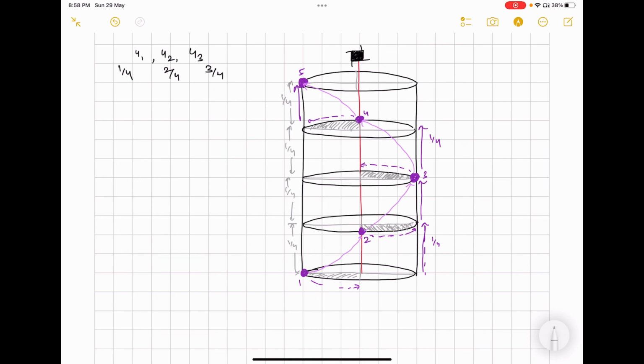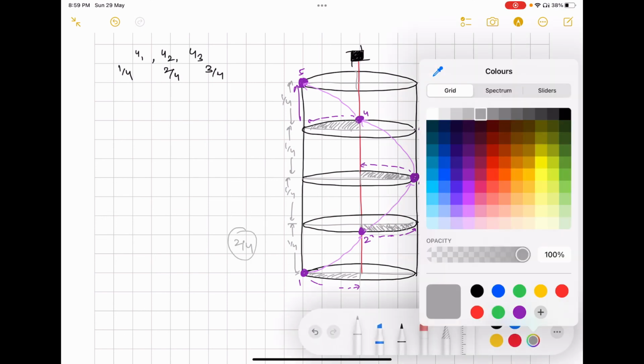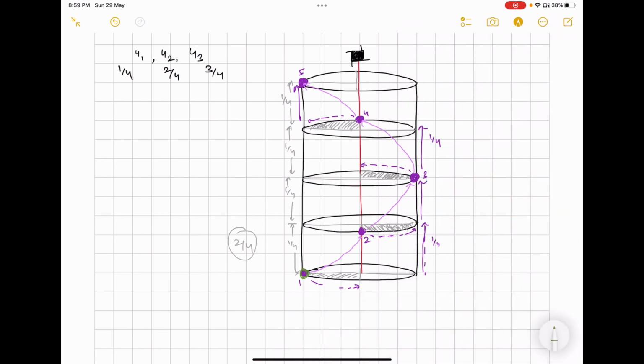Alright, okay. So now, had it been a screw of pitch 2 by 4, what would have been the case? So this point 1 would rotate by 90 and then translate by 2 by 4. So it would reach here. This would then rotate by 90, then translate by 2 by 4 to reach here.